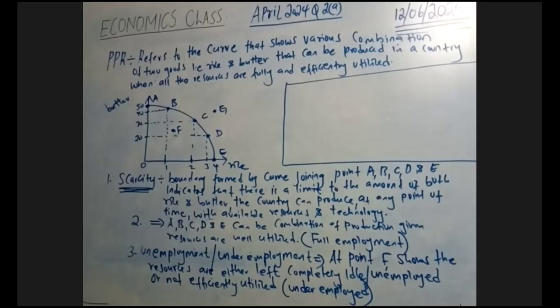You can explain it in terms of scarcity, and say that at points A, B, C, D, and E, the resources are scarce.